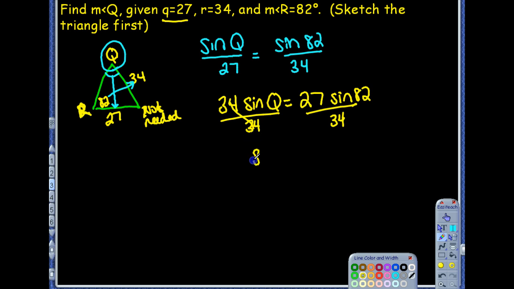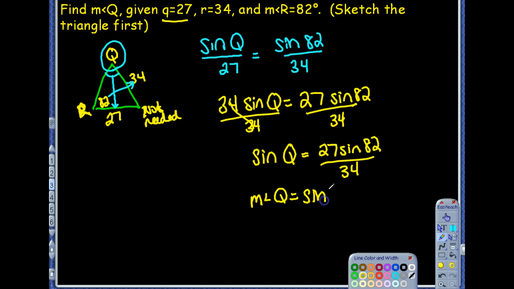Now, because we're finding an angle in a triangle and I only know one of the angles, I'm going to have to use those inverse trig ideas. So to find angle Q, I'm just going to do the inverse sine of that ratio over off to the side. I like that you left it all as is, and we're going to talk about how we could type this in our calculator.